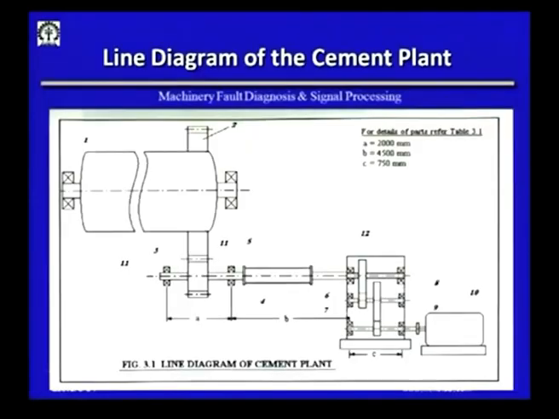Now, we will go to one example wherein we will see how Cepstrum analysis helps us diagnose the fault in a cement plant. If I was to show you here, actually what happens in a cement plant, this is a large rotary kiln.